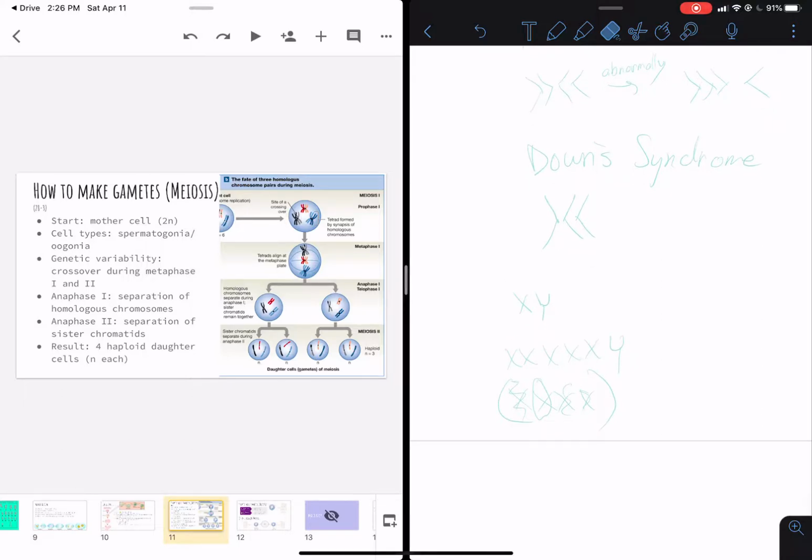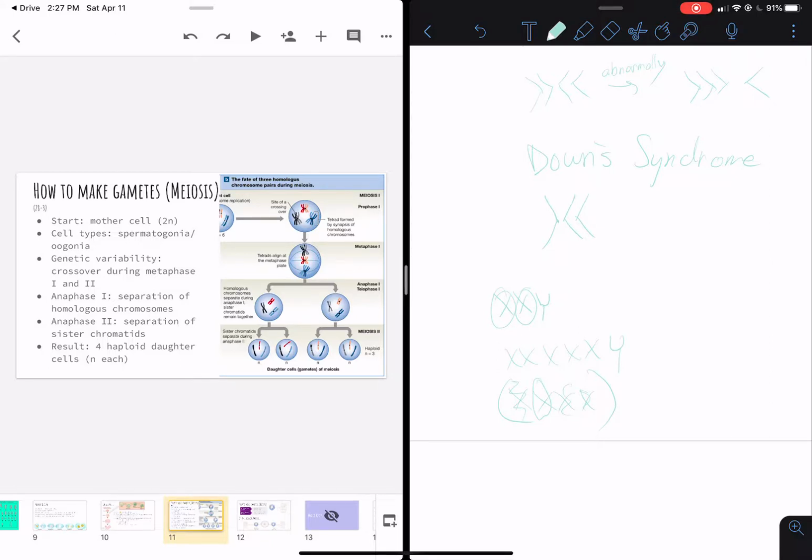So this X chromosome might be activated in one cell, and in another cell, this X chromosome might be activated. And then this potentially changes the individual's experience with puberty. So sometimes they may go through puberty earlier, they might go through puberty later, they might develop more female characteristics than male characteristics, but they will also still develop the male characteristics.